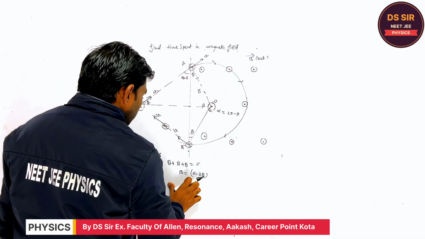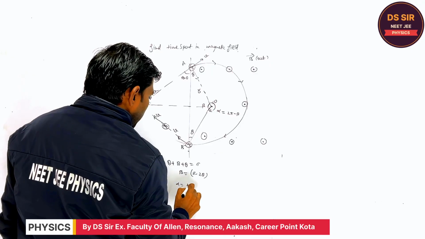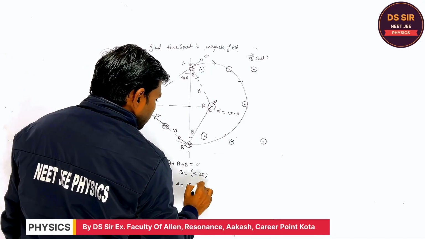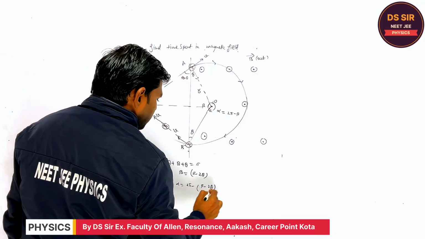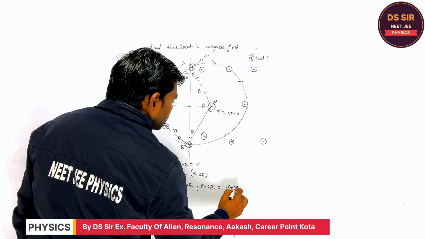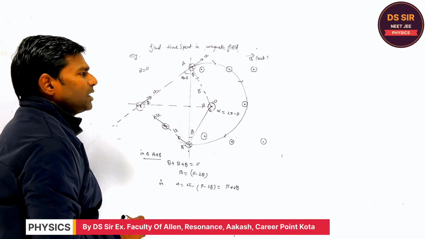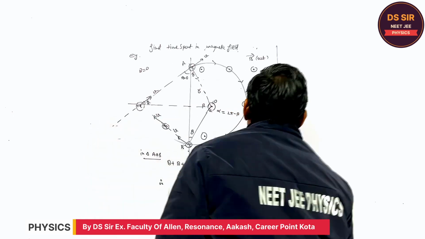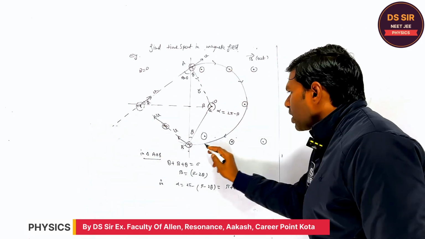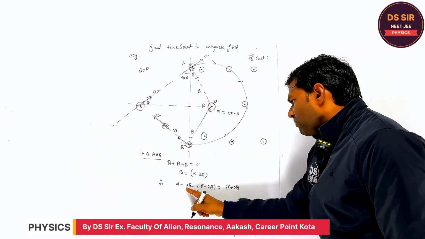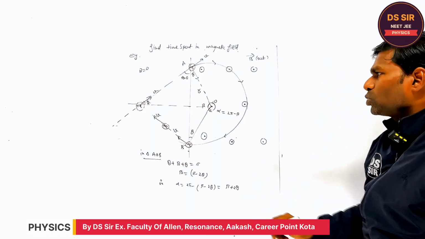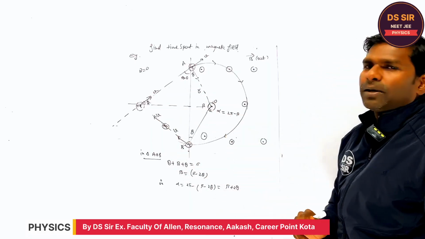Alpha is 2 pi minus beta. In place of beta, this is pi plus 2 theta. So the angle subtended by this circular arc at the center is alpha, which comes to be pi plus 2 theta in terms of theta.